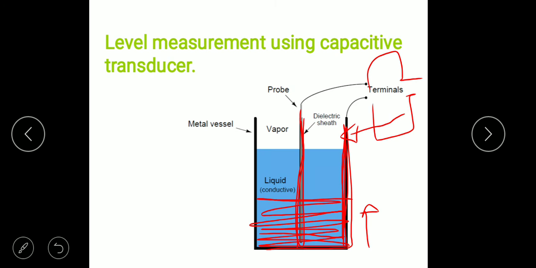Now think here, the liquid level is coming from this level up to this level, and the water level has increased here. Due to that, the area of contact with the metal plate has also increased, and with the increase in water level contact with the metal rod, the capacitance will change from the initial one.